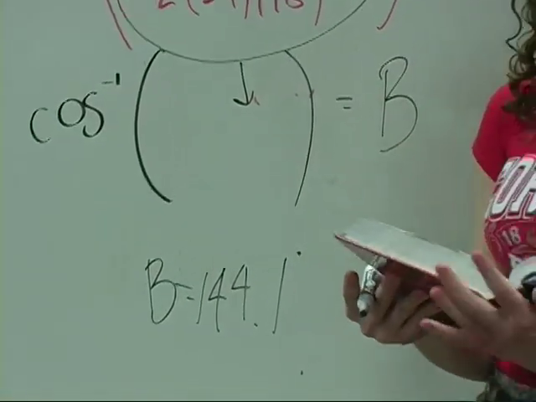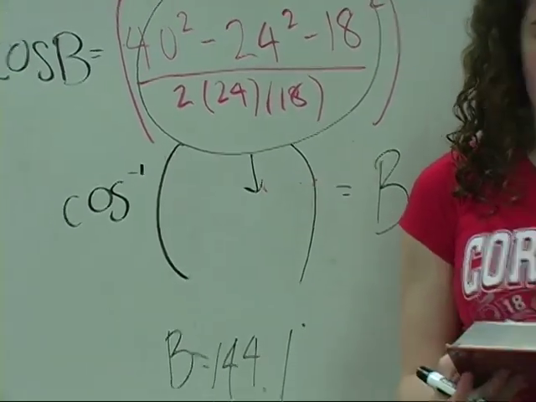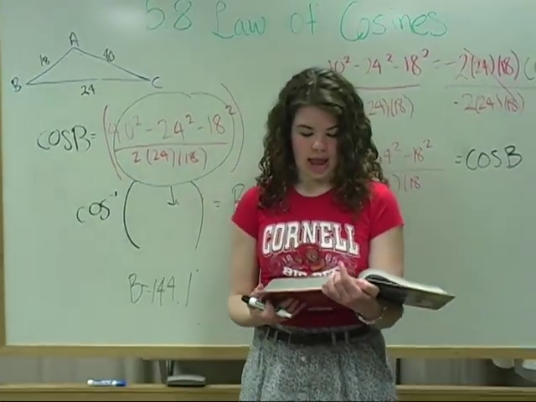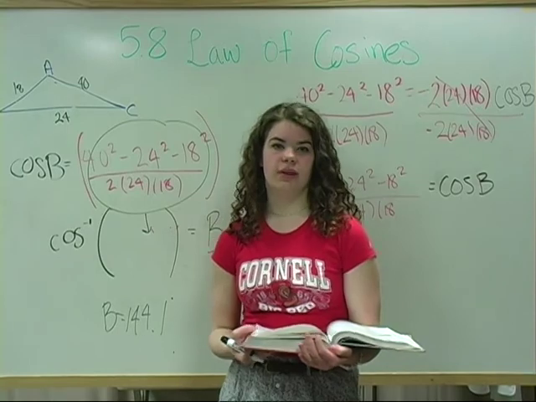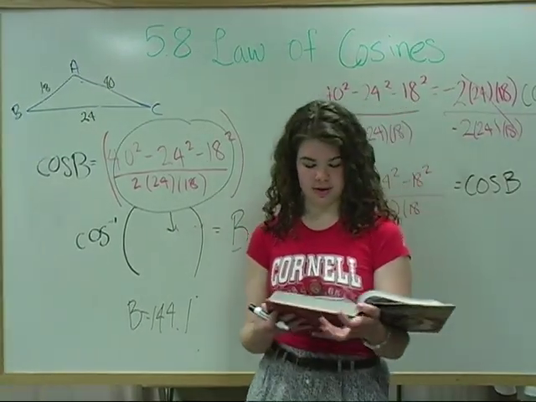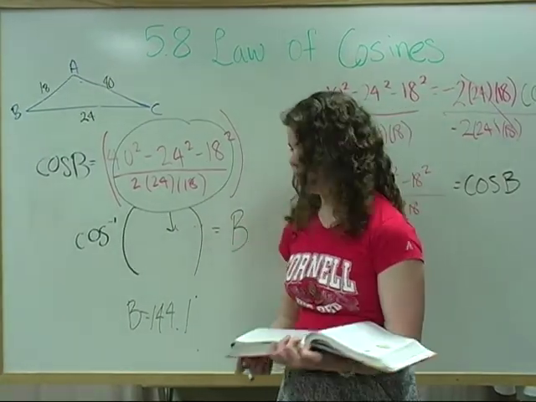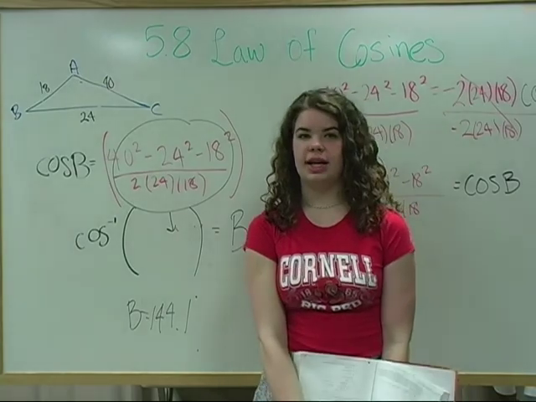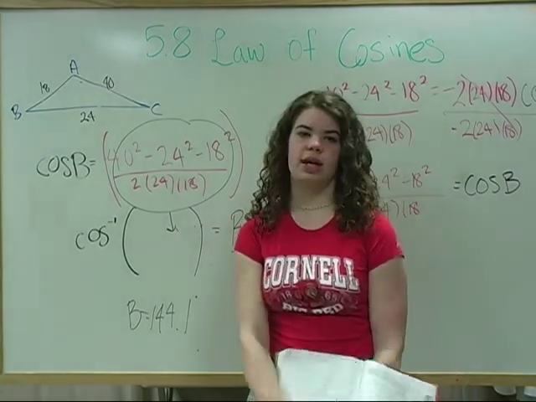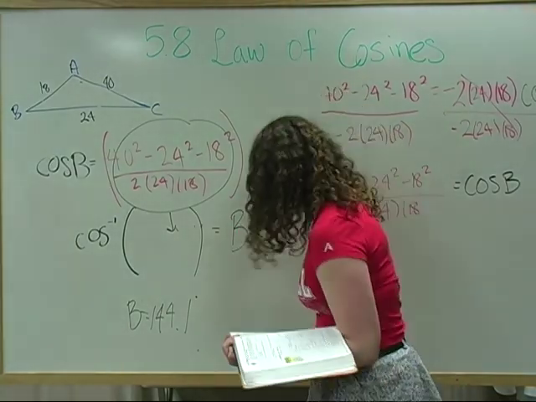And so now we have to find the measure of angle c, or the measure of angle a. And we're going to use the law of sines for this because it's a lot easier now, right? So we're going to find the measure of angle a, and then we just take 180 and subtract both of those angles, and we'll get the measure of angle c.